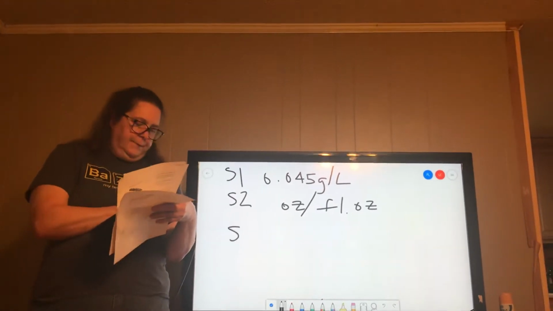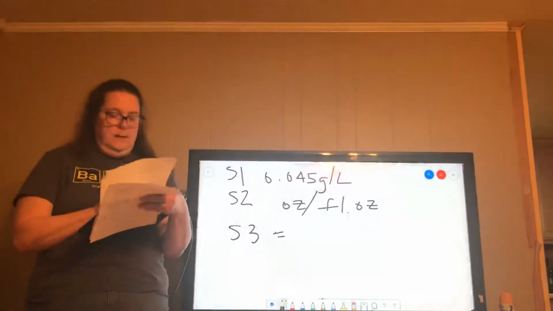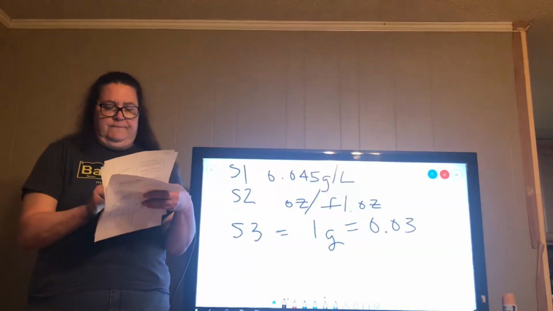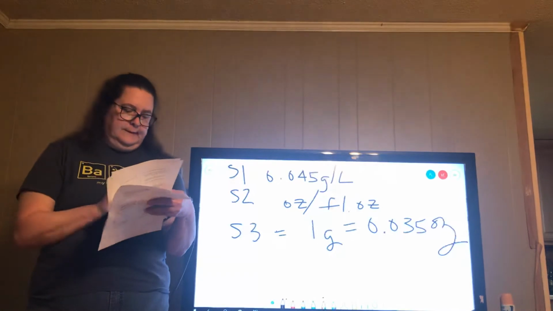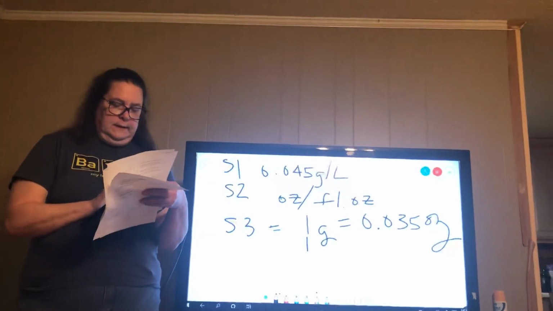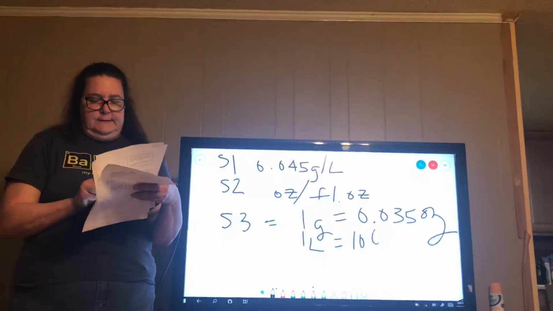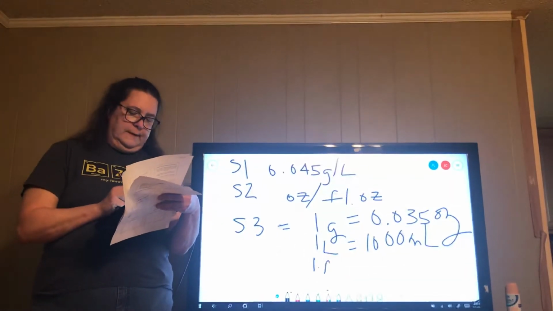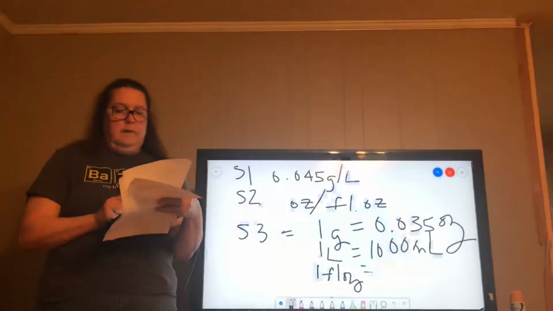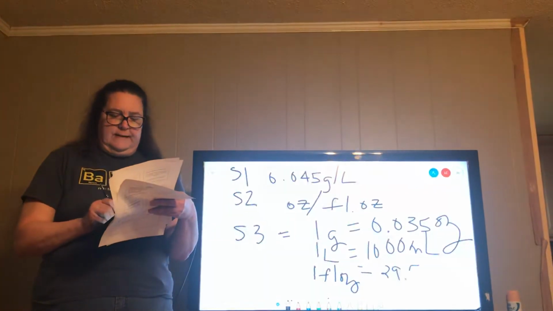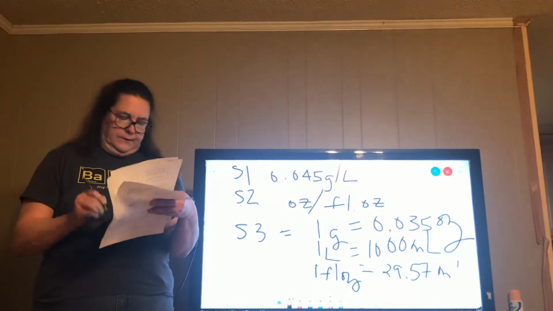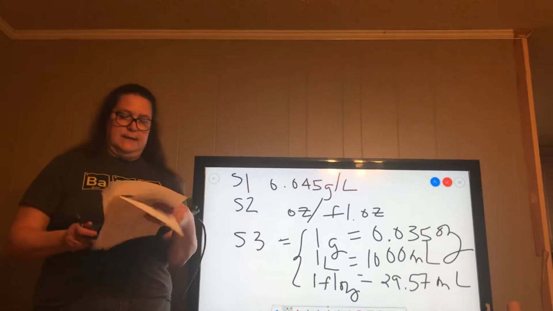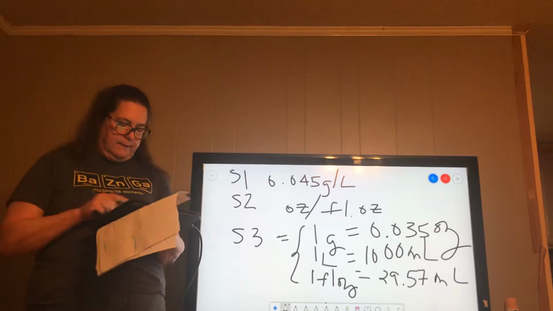Step 3, I got 1 gram equals 0.035 ounces. I've got 1 liter equals 1,000 milliliters. And then I have 1 fluid ounce equals 29.57 milliliters. These are the conversion factors that I'm going to use to solve this problem.